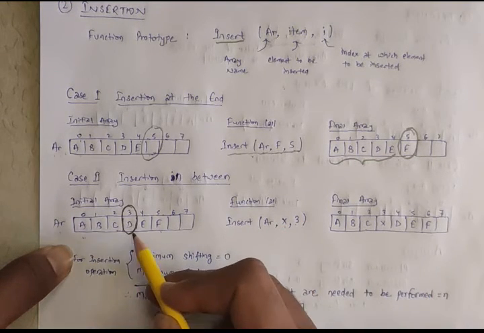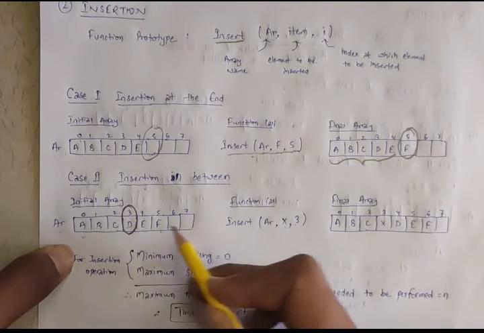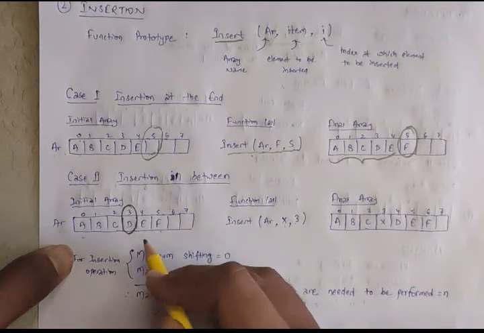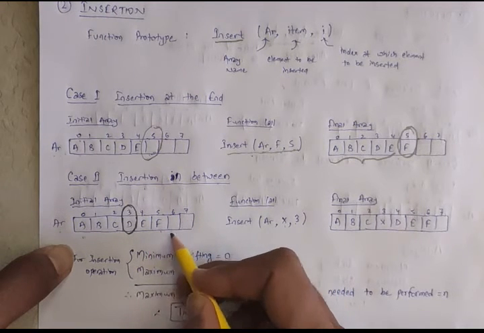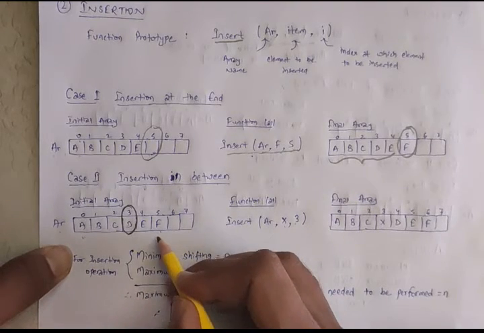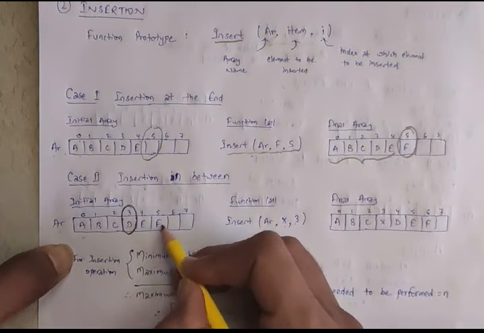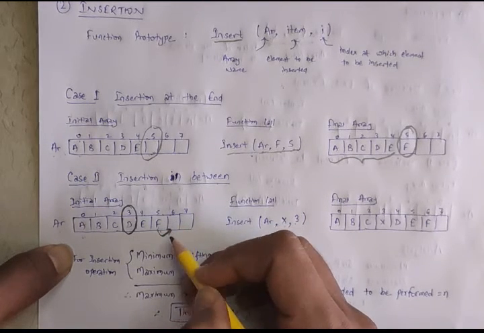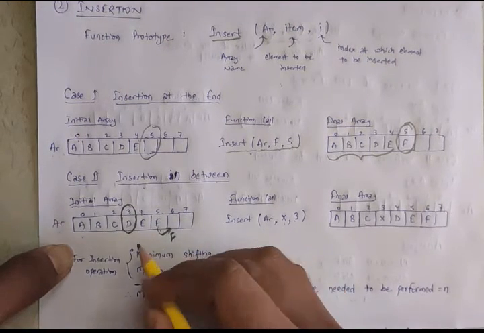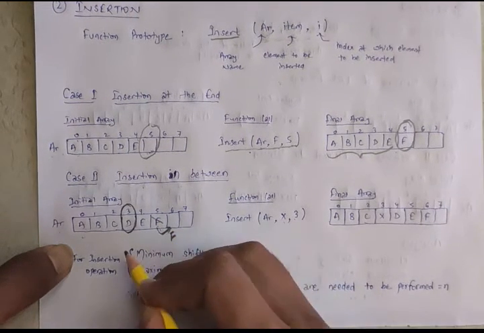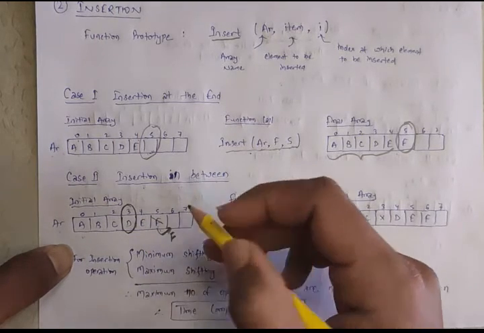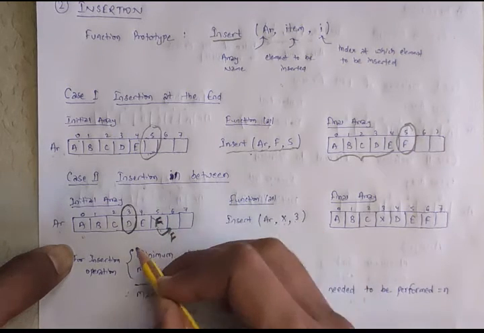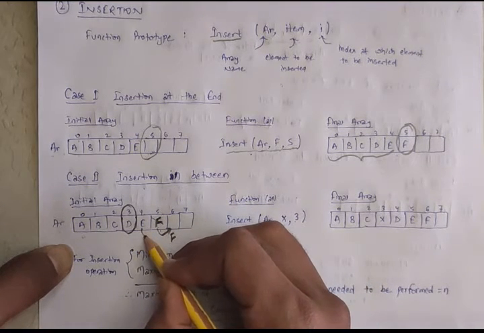So what we can do is, starting from the end, till the third index, we shift the elements one by one. For example, this F should be moved here. F is copied here, and now E is moved here.